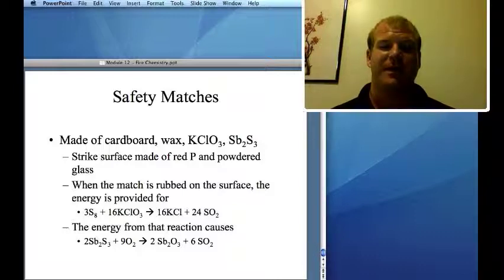It will ignite some sulfur and the potassium chlorate to form potassium chloride and sulfur dioxide. And the energy from that also causes the antimony sulfide to react further. And so those are how safety matches work. And you can see that you need the red phosphorus and powdered glass to initiate the reaction. Unlike strike anywhere matches, they don't need this, but the safety matches do.